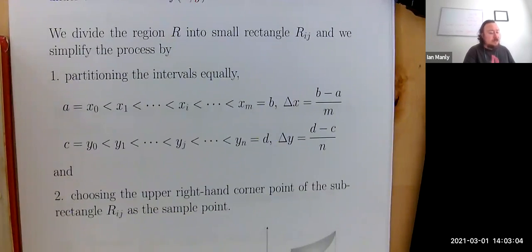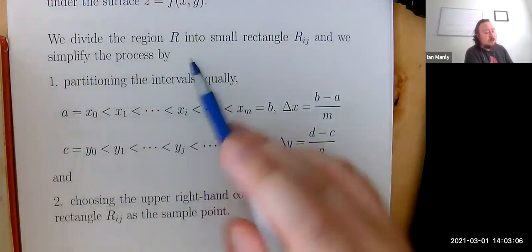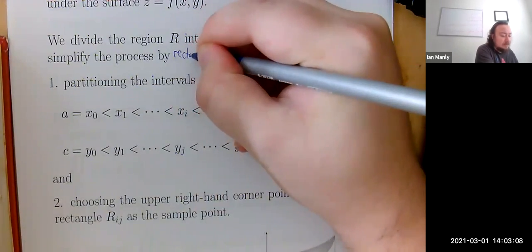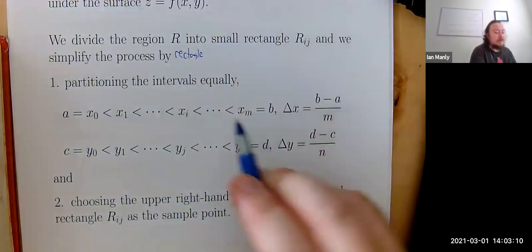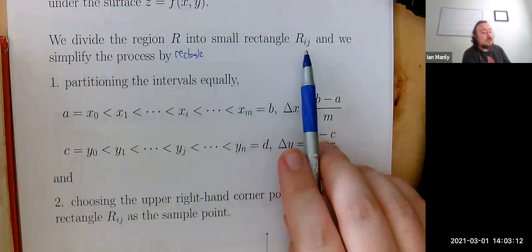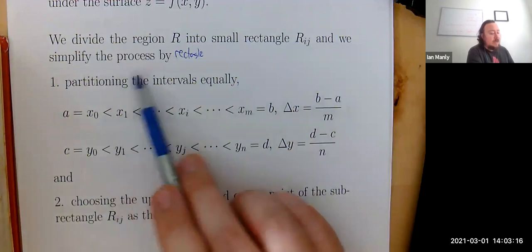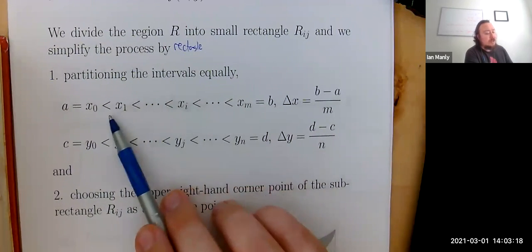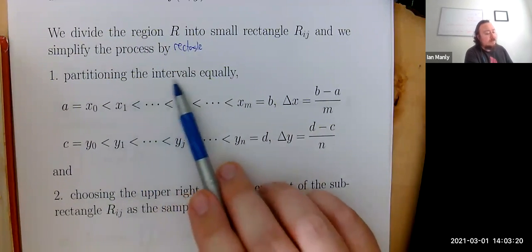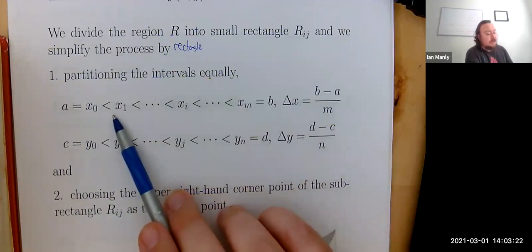So what we're going to do is divide our region R, which remember for now is a rectangle, into smaller rectangles, Rij. We're going to partition them in this way. We're going to divide up all of the x's equally.